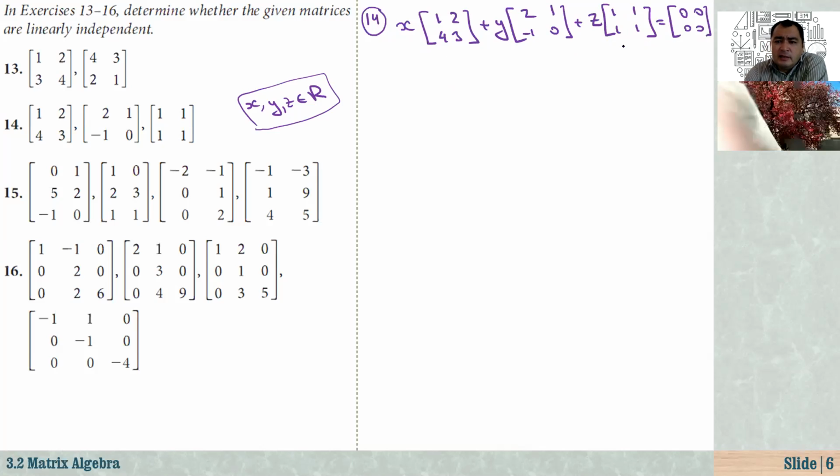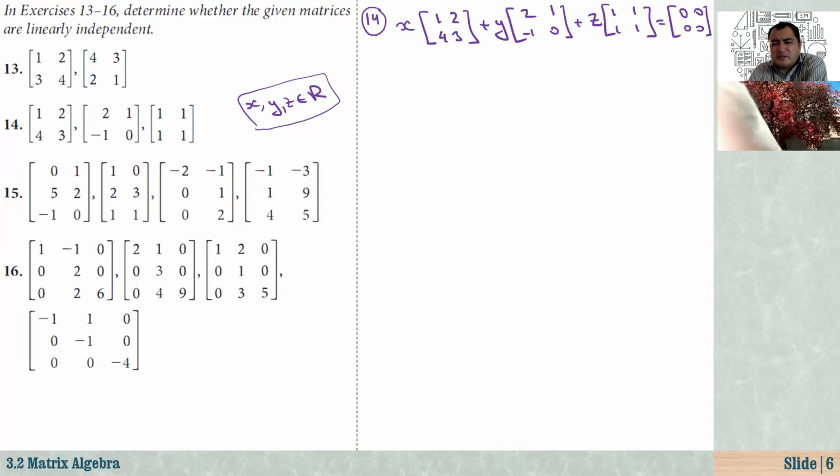Can we find three numbers, at least one of them not equal to 0, so that their linear combination is equal to the 0 matrix? If it is so, that means these matrices are linearly dependent. Otherwise, if the only way to write this matrix as 0 is when X equals 0, Y equals 0, Z equals 0, that means that these matrices are linearly independent.